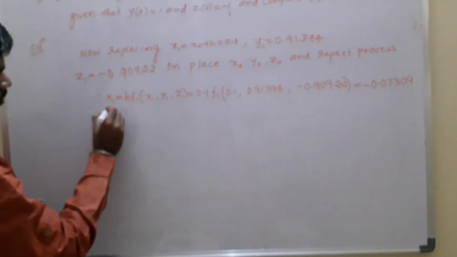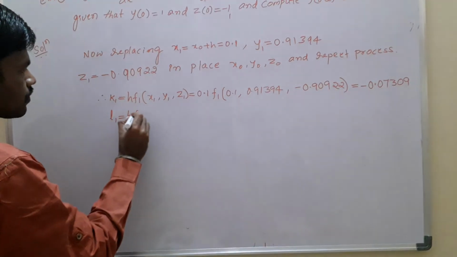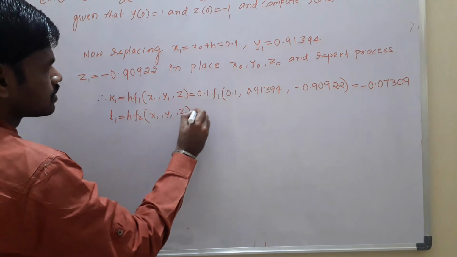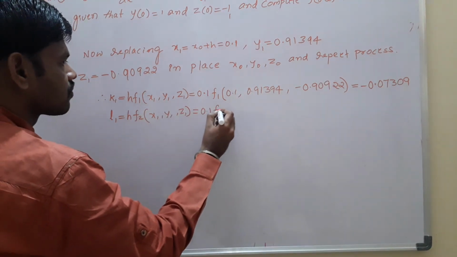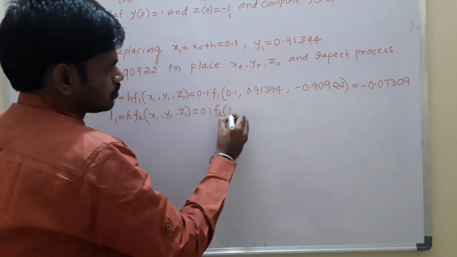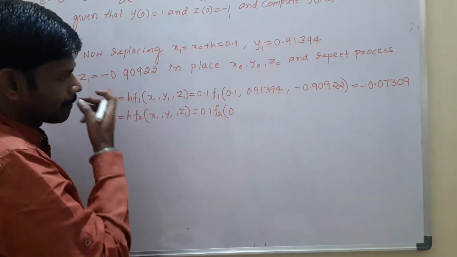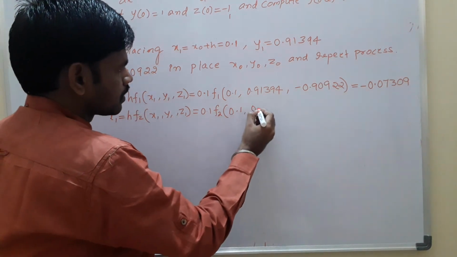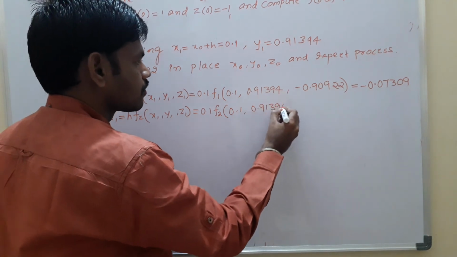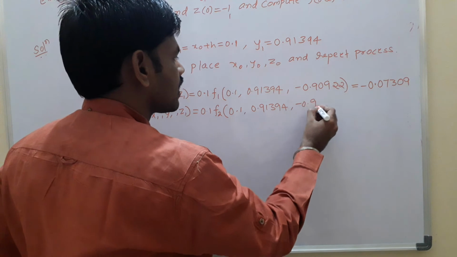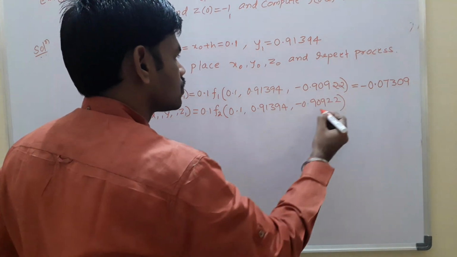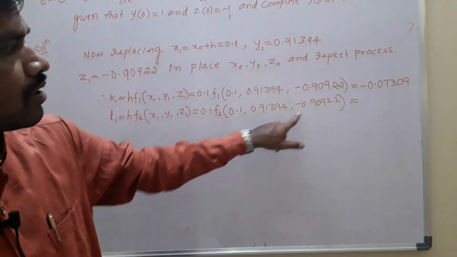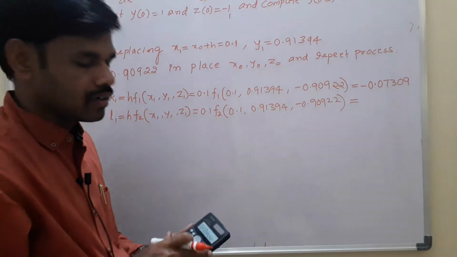Next L1 equal to h into f2 of x1 comma y1 comma z1, that is equal to 0.1 into f2, with 0.91394 and minus 0.90922. So the second function, that is xz plus y, 0.1 into this one and plus this one into 0.1.